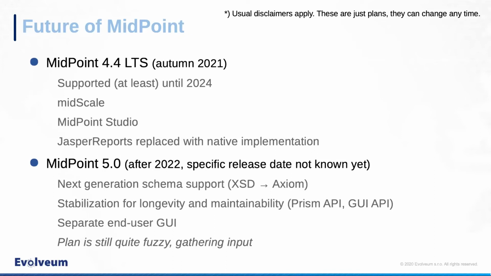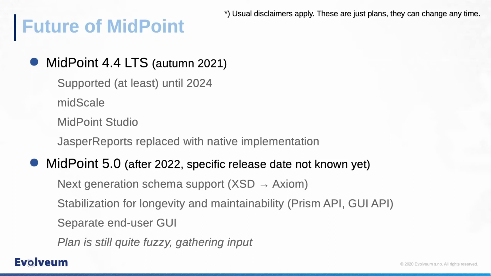One of them, Prism API, which then can be used in the other components delivered by midPoint, like Java client or midPoint Studio, and also stabilization and improvements for graphical user interface API.